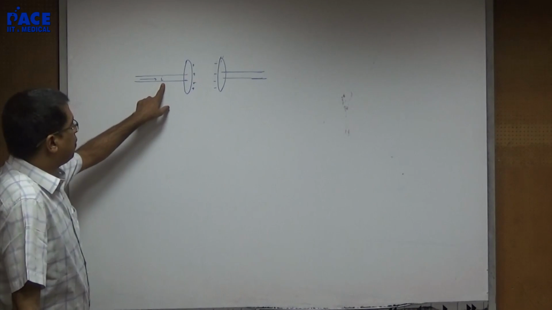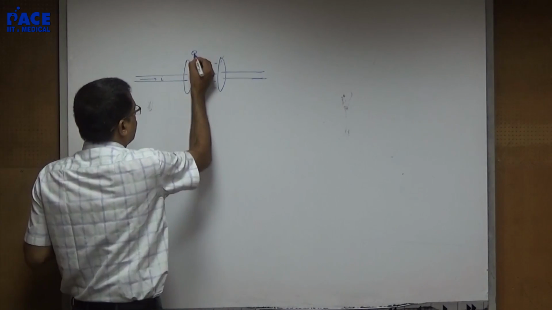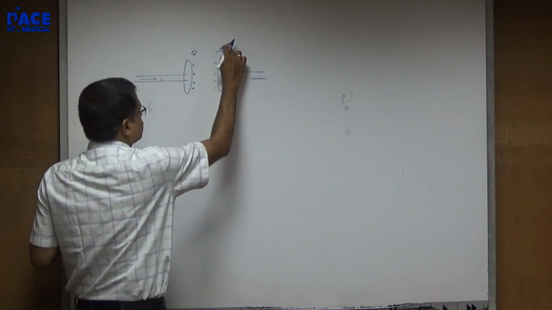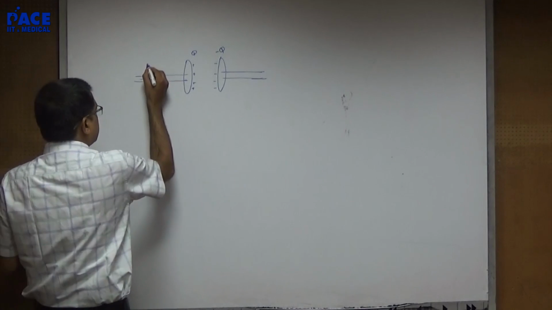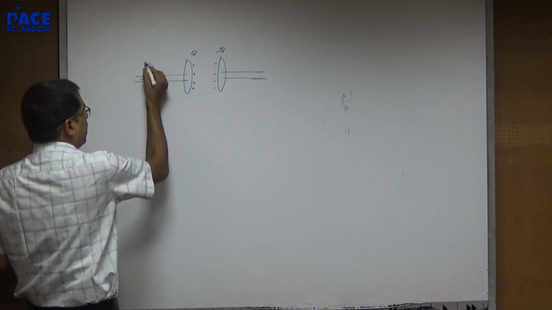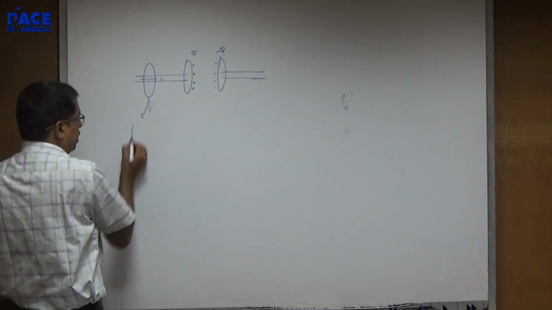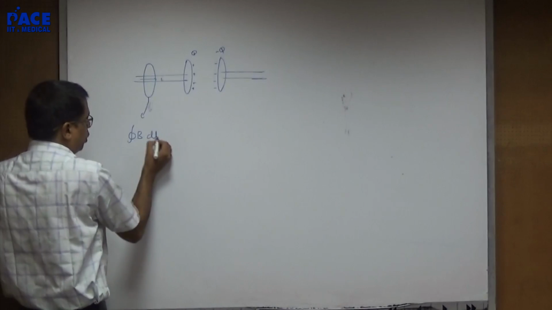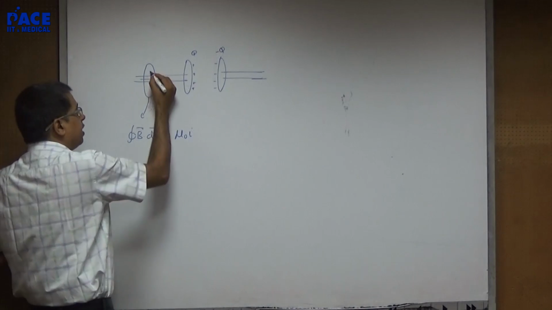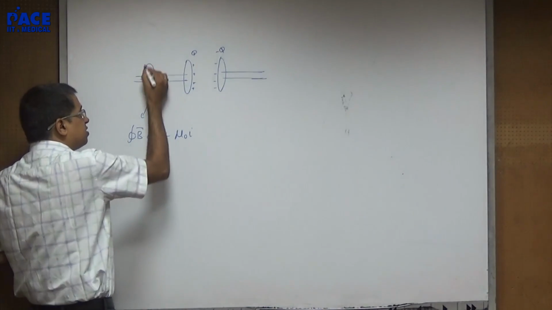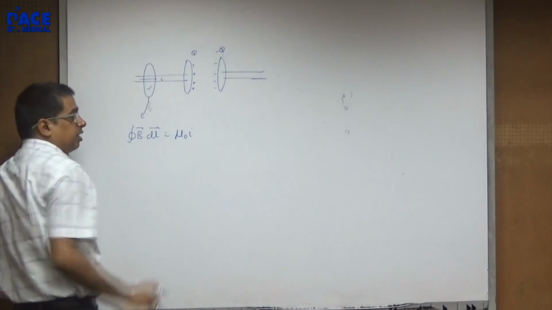Now if there is current passing through it, you have got plus Q and you have got minus Q here. Agreed? Now till now we used to consider an Ampere circulation like this, and we used to tell you closed integral B dot dl is equal to mu naught I. Here the area through which current is passing is in the plane of the Ampere circulation.